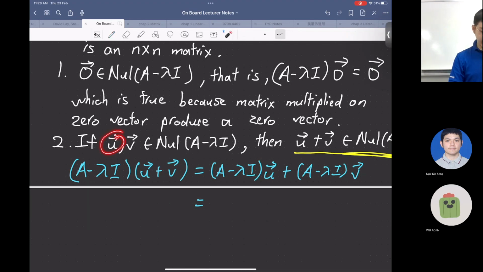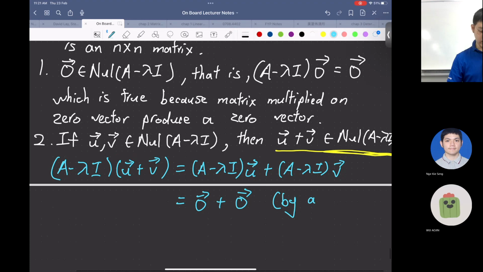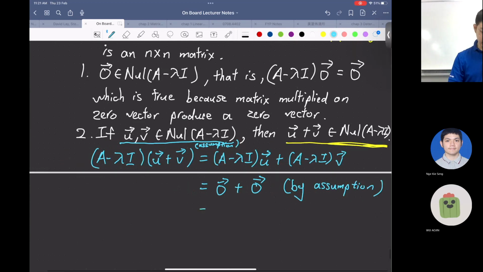Since u and v are both in the null space of A minus lambda I, you get 0 plus 0 by assumption. This is the assumption. So 0 plus 0 is 0, so it satisfies the null space condition here.